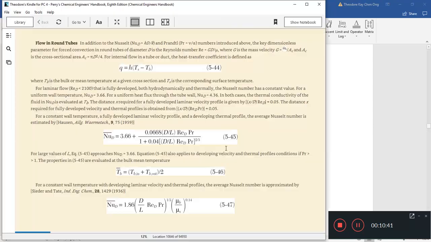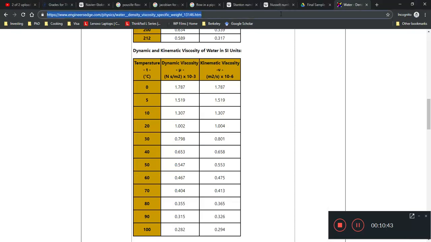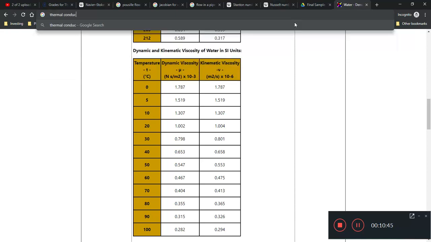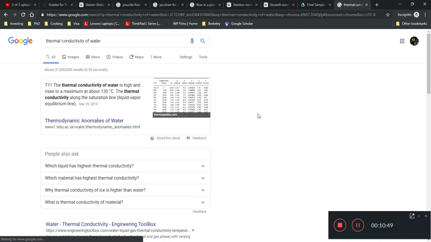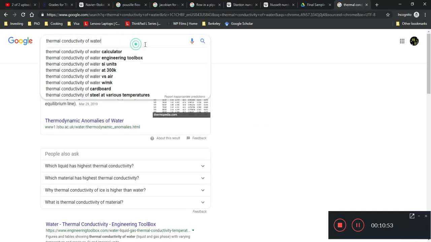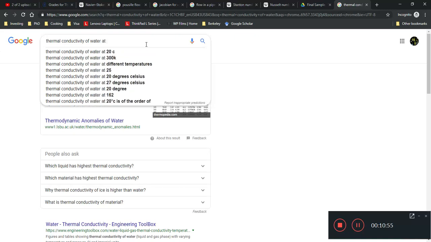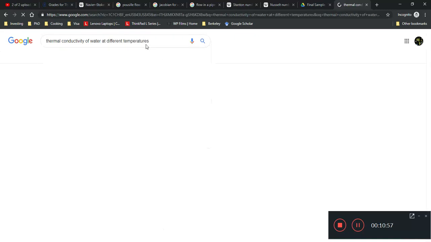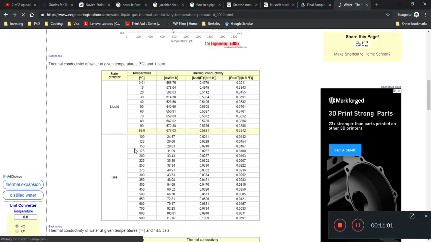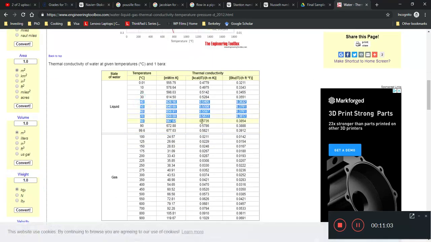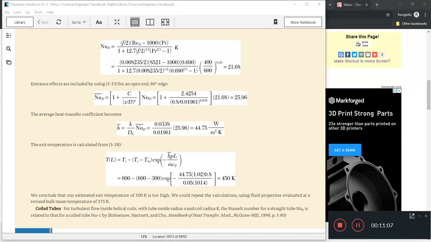So let's look for the thermal conductivity of water at different temperatures. Alright, so this is our thermal conductivity of water. So we're going to use this table.